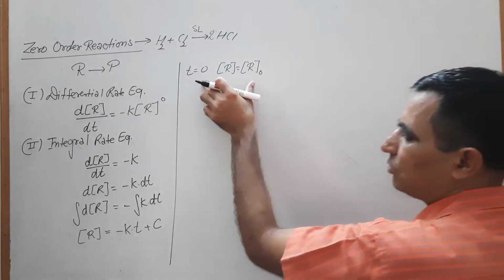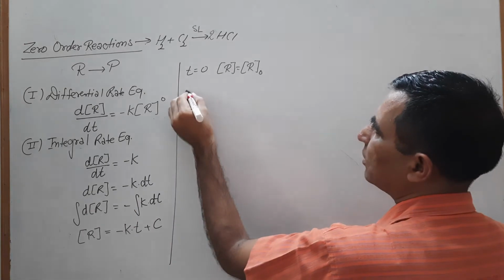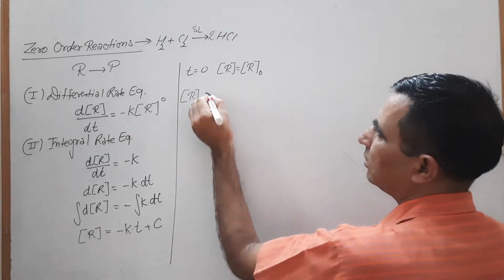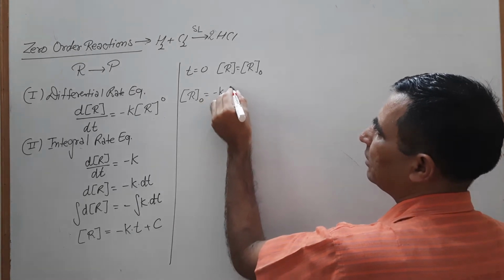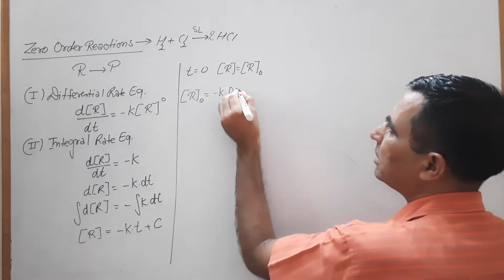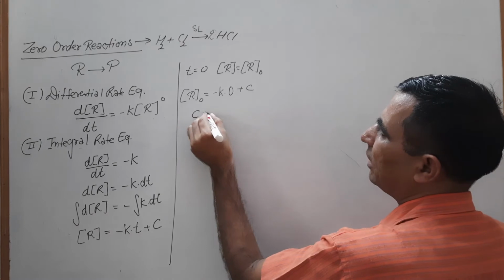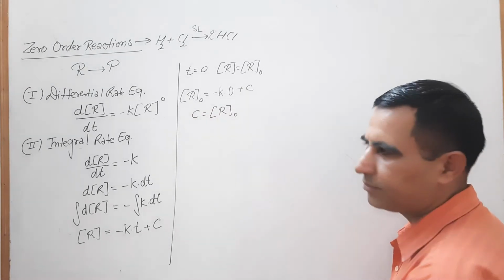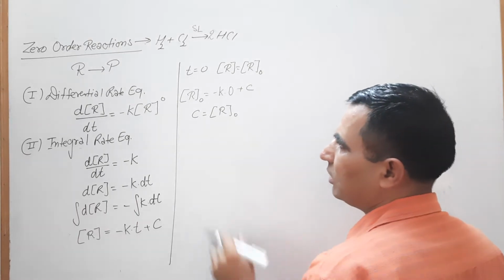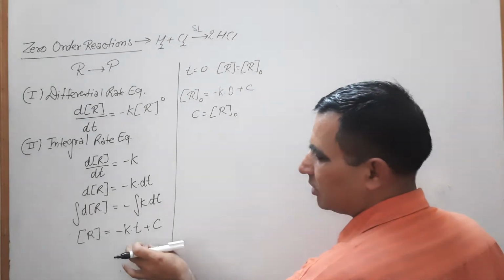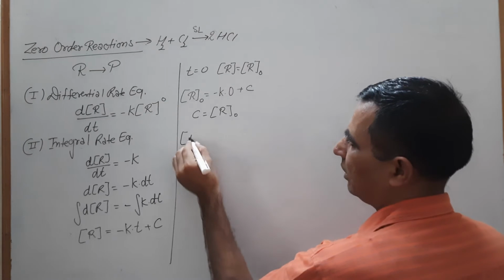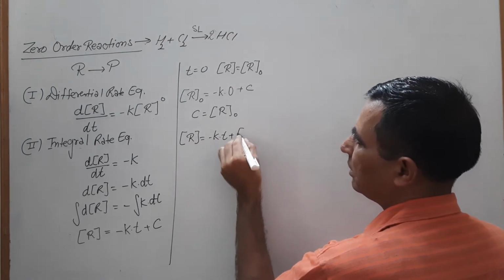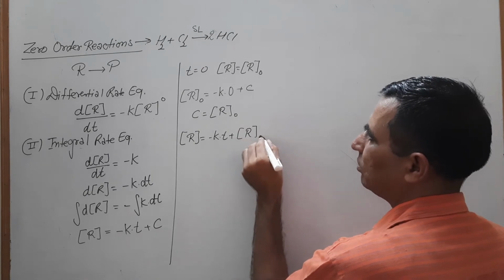Now we place these two values in this formula. Instead of R we write R0, that is minus k into 0 plus C. By this, C equals R0. Now we place the value of C in this equation. Then R equals minus kt plus R0.